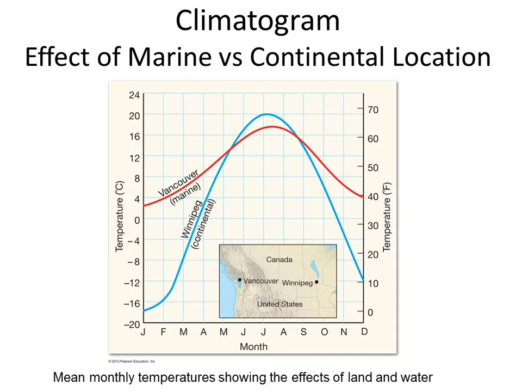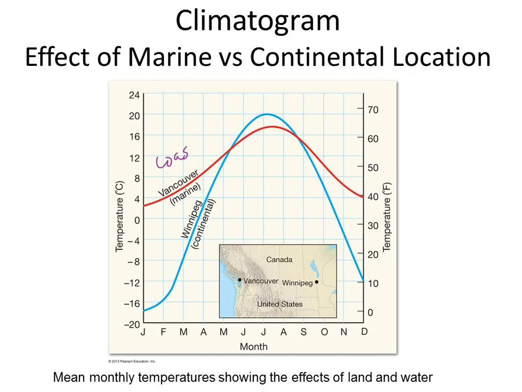So they're trying to show you the effect of being inland. This blue one is the inland, and the red one is on the coast. The inland, sometimes we call continental. The coastal one, sometimes we call coastal or marine. Those are all kind of synonyms.